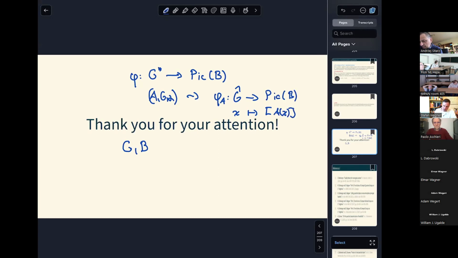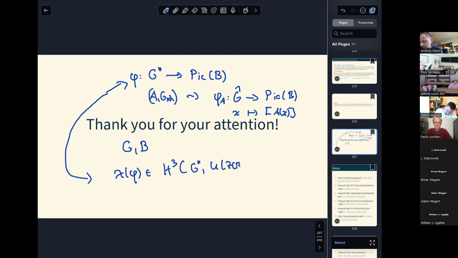Now the question would be, if you start with this homomorphism abstractly, is there a free C-star dynamical system (A, G, alpha) that has this Picard homomorphism? The first result is that there is an invariant in the third cohomology of the dual with values in the unitaries of the center of B.